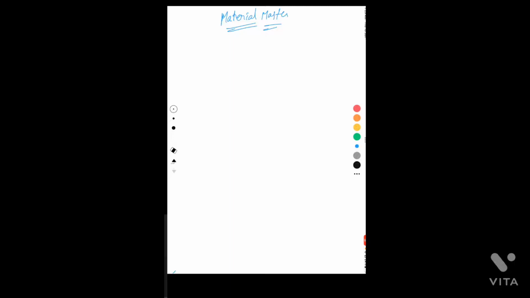To avoid this, we create the master data. Master data is a one-time record. One master record will be created for each material, each item.